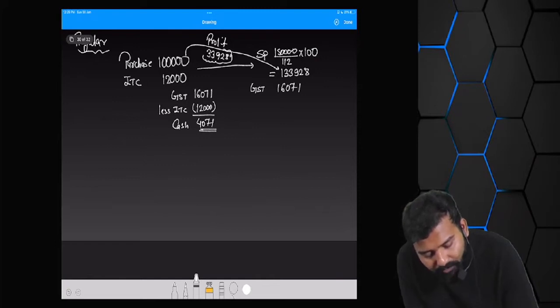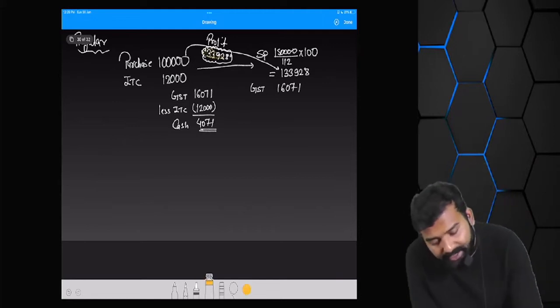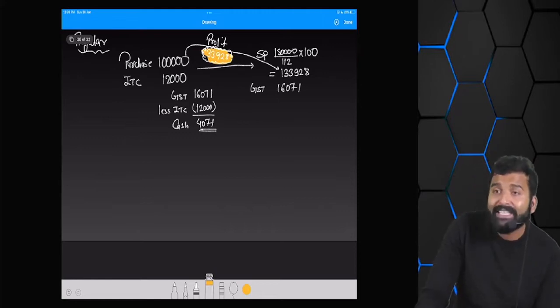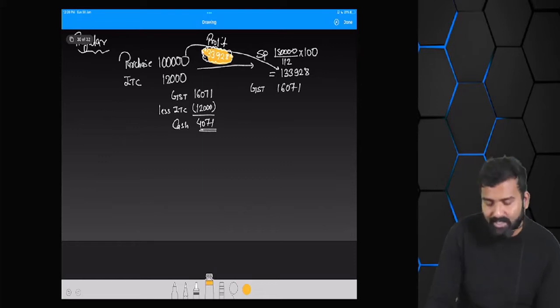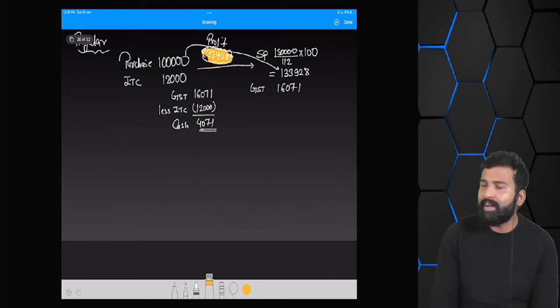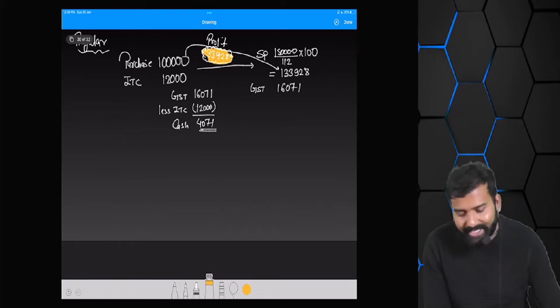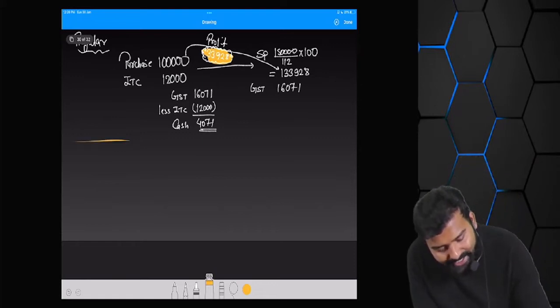If he is a regular dealer, his profit is 33,928. Again, I am showing why it is 33,928. The reason is that sales is 150, but this is inclusive, so we are dividing it by 112. Now the profit is 33,928 rupees if he is a regular taxpayer. Now we are assuming that he is not a regular taxpayer.